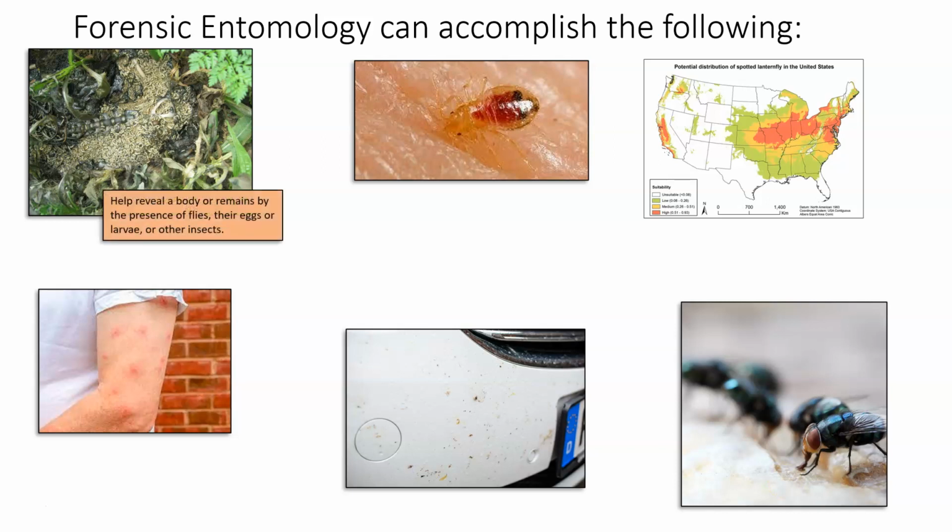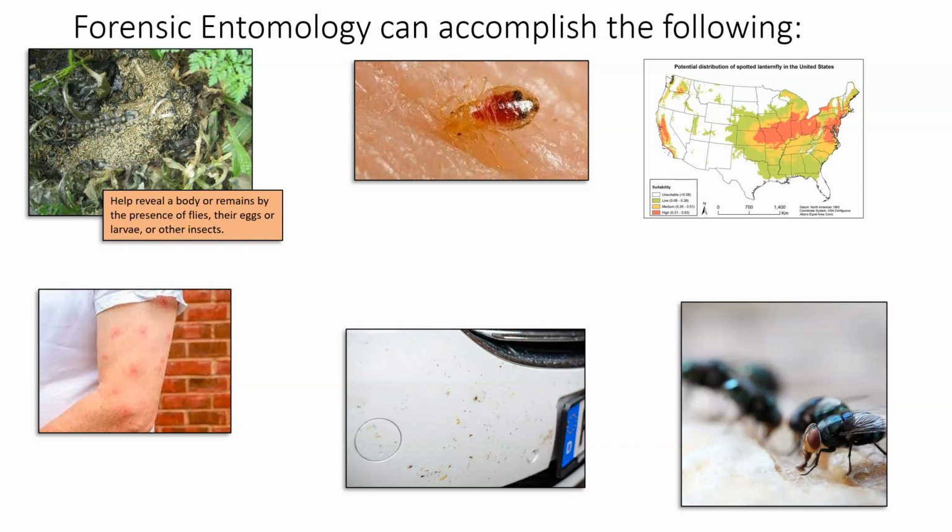So forensic entomology can accomplish the following things. One, because insect activity is attracted to bodies, we can often use the presence of flies, their eggs, larvae or maggots, or other masses of insects to actually help us find a body.